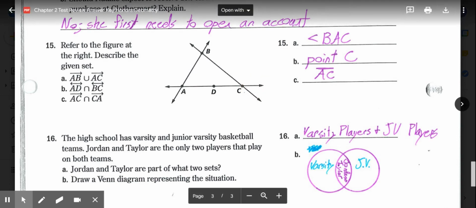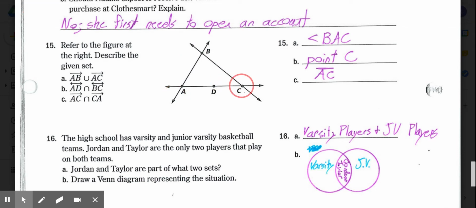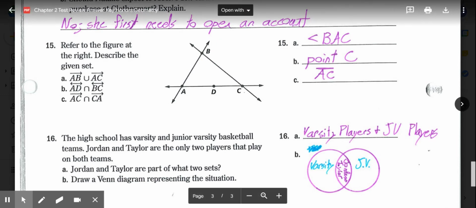Well, the union of those two rays create an angle. A union of two rays that share an endpoint or vertex is literally the definition of an angle. So what that union creates is angle BAC, or we could write that as CAB. So any points along the segments of that angle or on that angle would be our union.